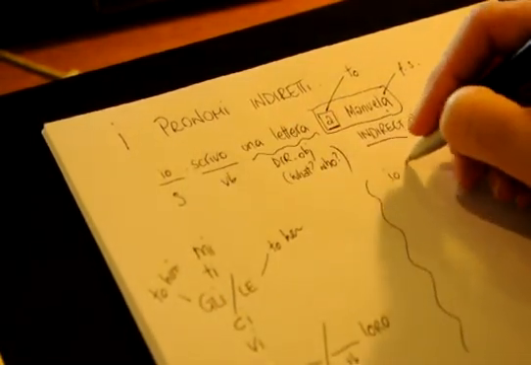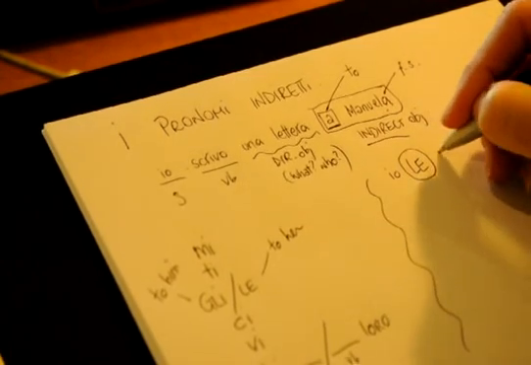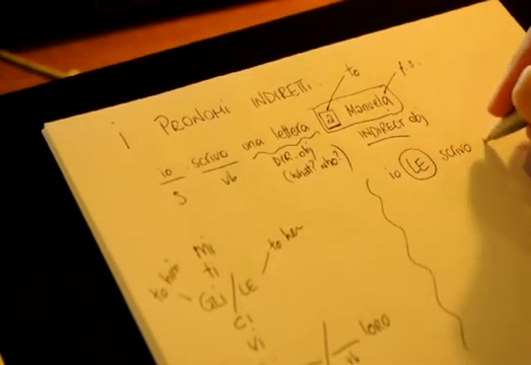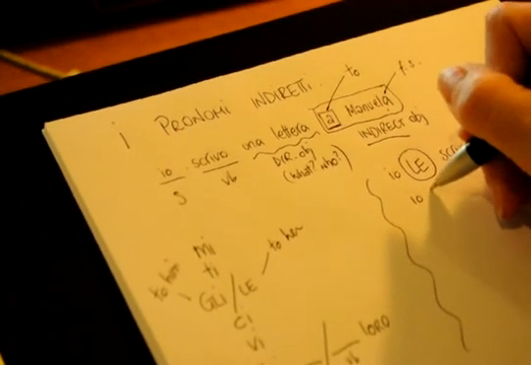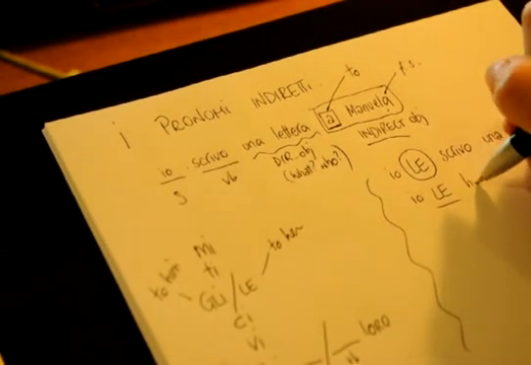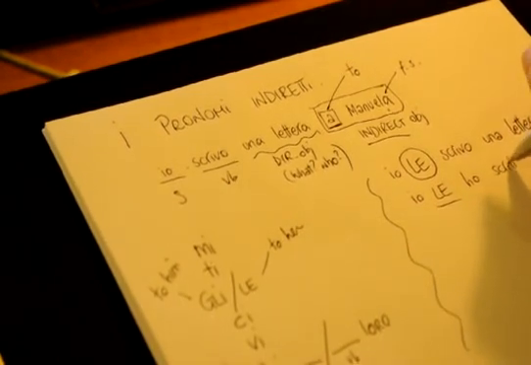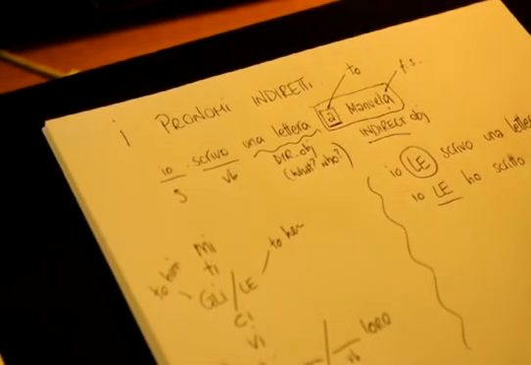So the new sentence will be io le scrivo una lettera. So it always goes before your verb. If it is a passato prossimo, it goes before the helping verb. Io le ho scritto una lettera. So always before the first verb.